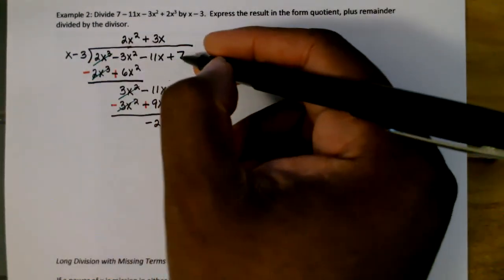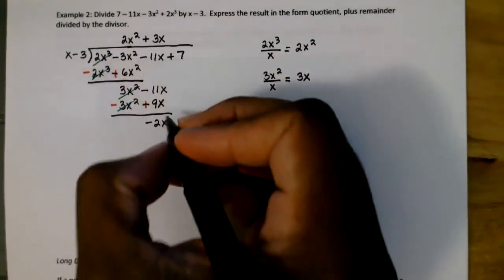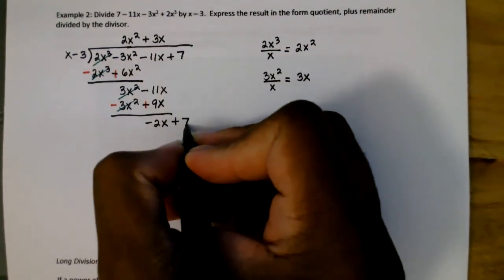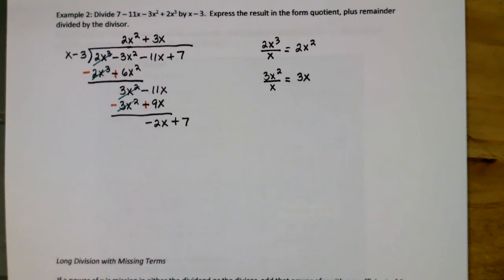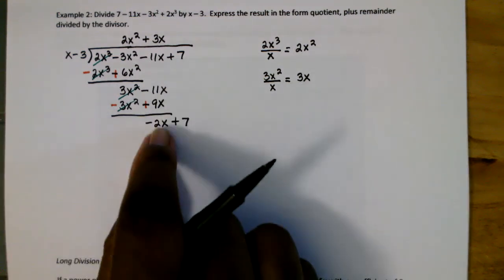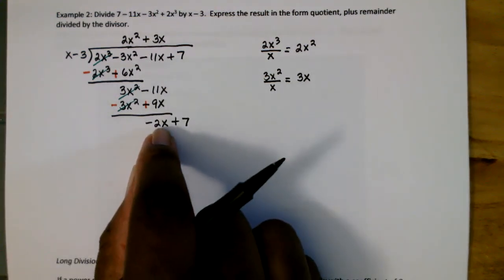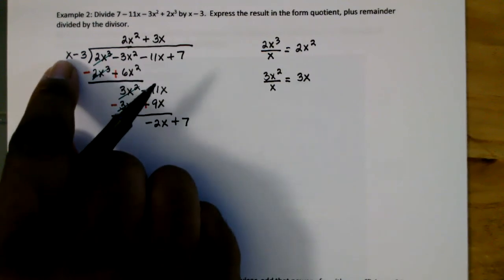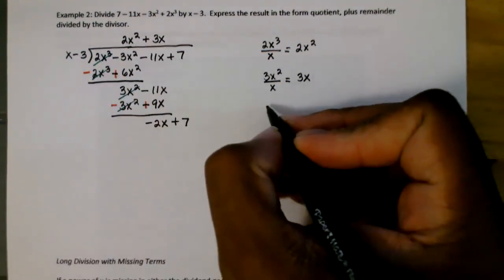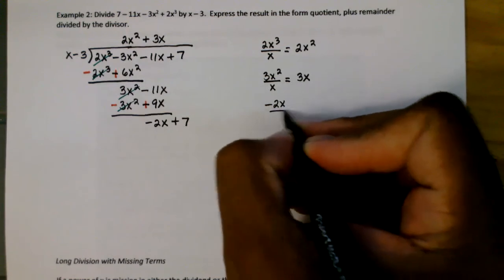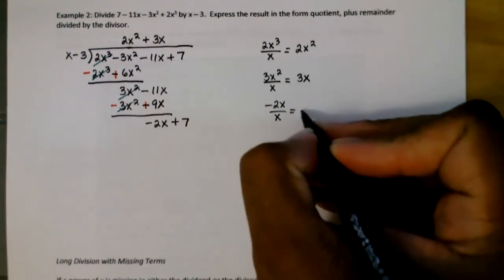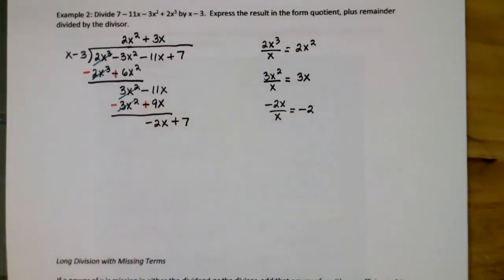And then we bring down the next term, which is plus 7. So I'll be dealing with negative 2x plus 7. Well, the first term in that expression, I'll take that and divide that by the first term in the divisor. So negative 2x divided by x would be negative 2.